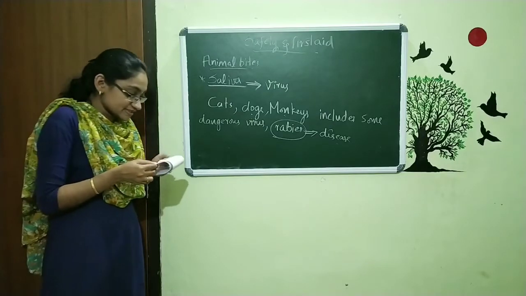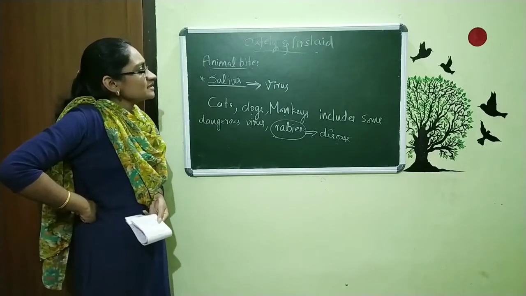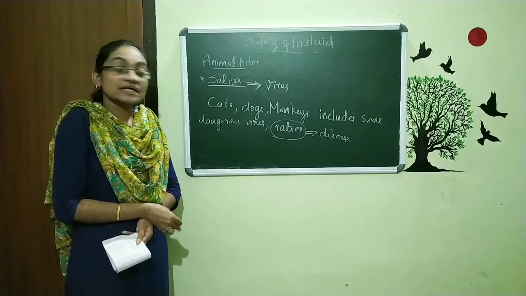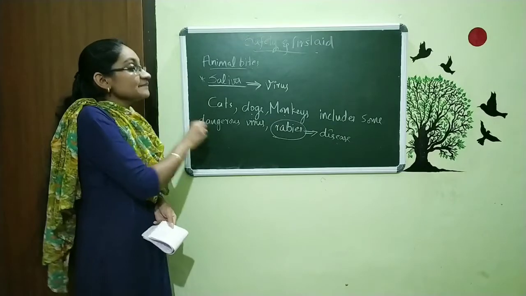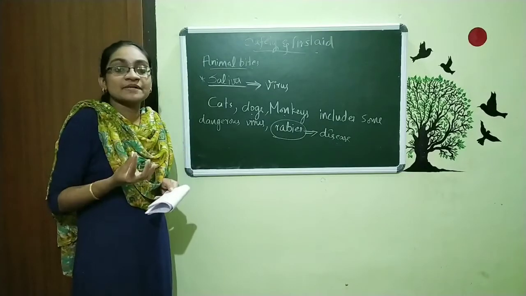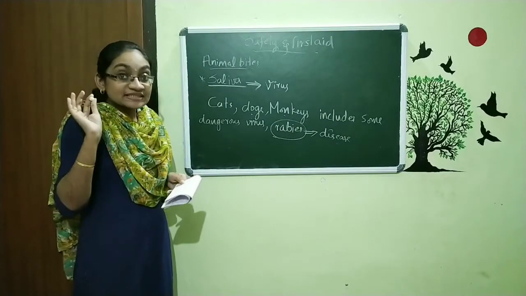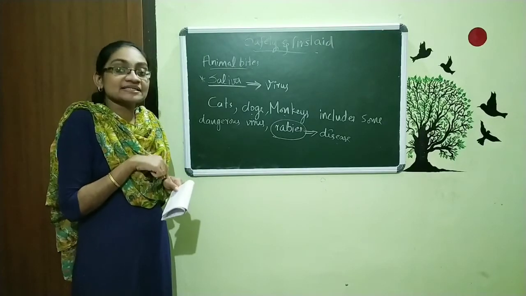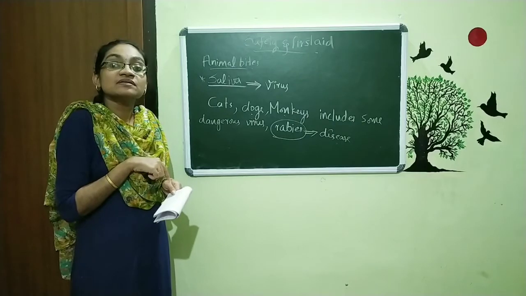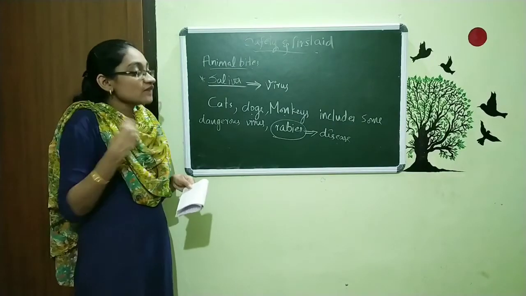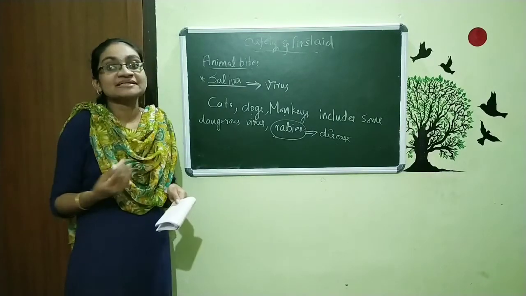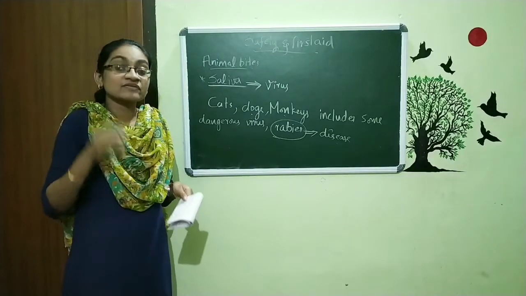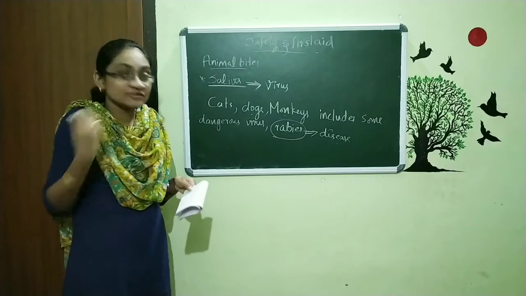Now we are going to discuss how this virus spreads in our body. It is very simple. When the animal bites our body, the saliva is injected and mixed with our blood. The blood is continuously circulating through our whole body, and our heart is pumping this blood 24 into 7.